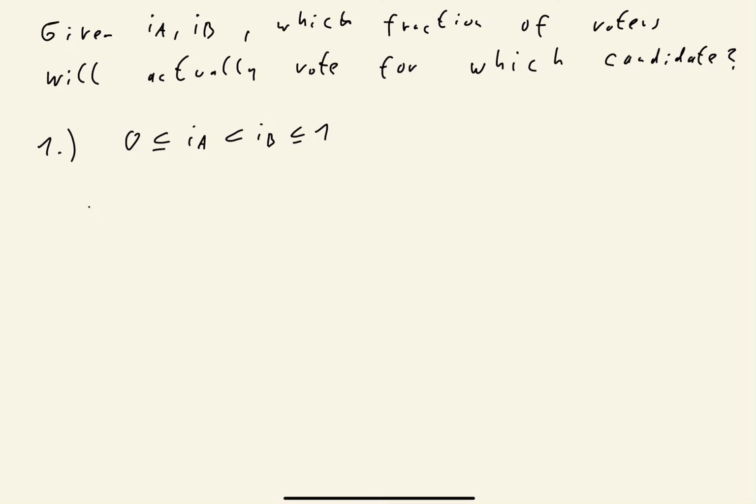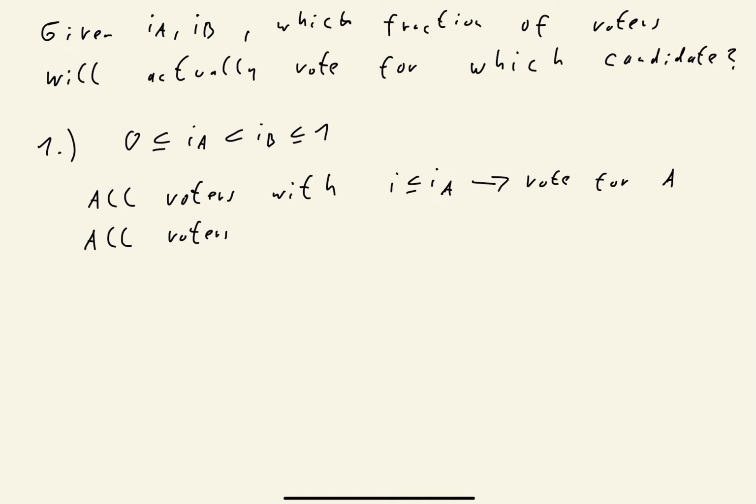So all voters with I weakly smaller than IA vote for A. All voters with I weakly larger than IB vote for B. And now what we need to consider is what happens with voters who have ideologies between IA and IB.